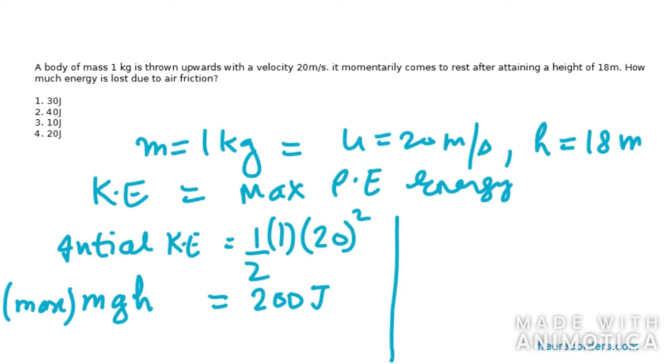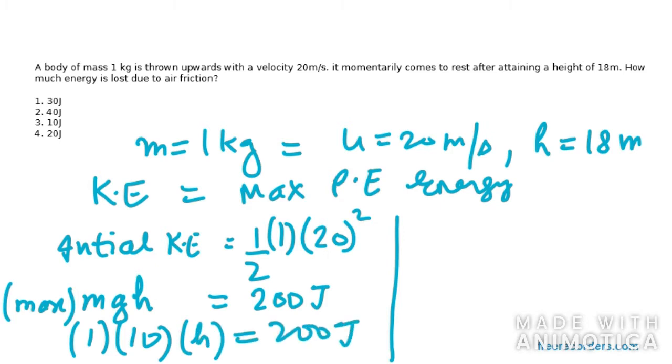And next thing is h is 18 meter, the height traveled by the body. So m is 1 here, g is 10 here, h is unknown to us, 200 joule. So it will be h equal 20 meter.